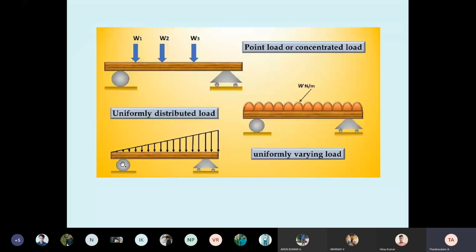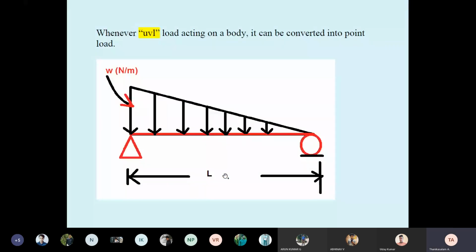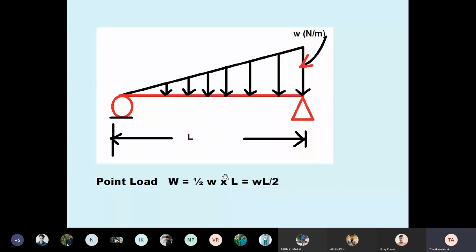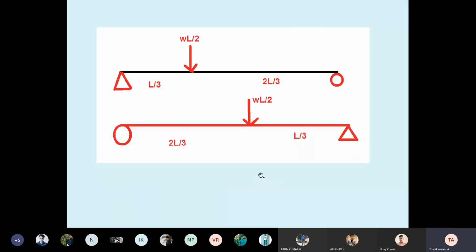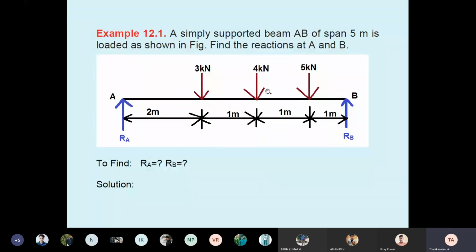So the distance from the middle of this roller to the middle of the other roller is called the span. Students, understand? That's the span. Span means the length between the middles of the two supports. Okay, span equals 5 meter.